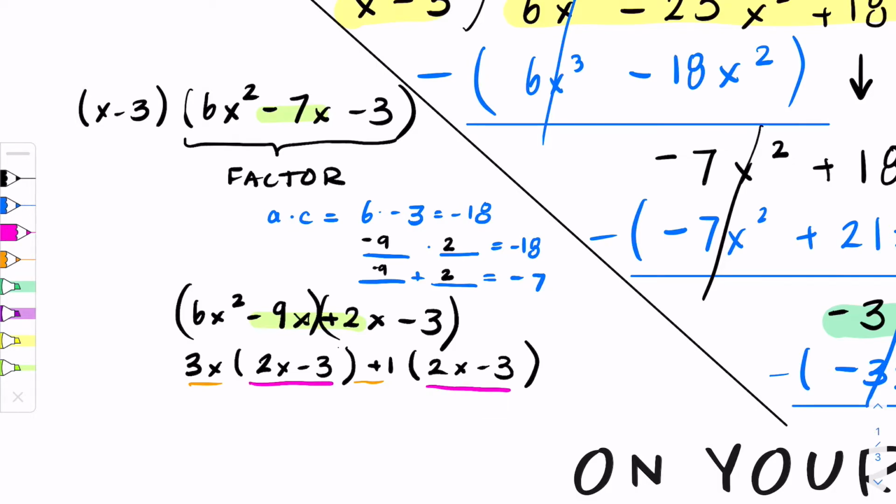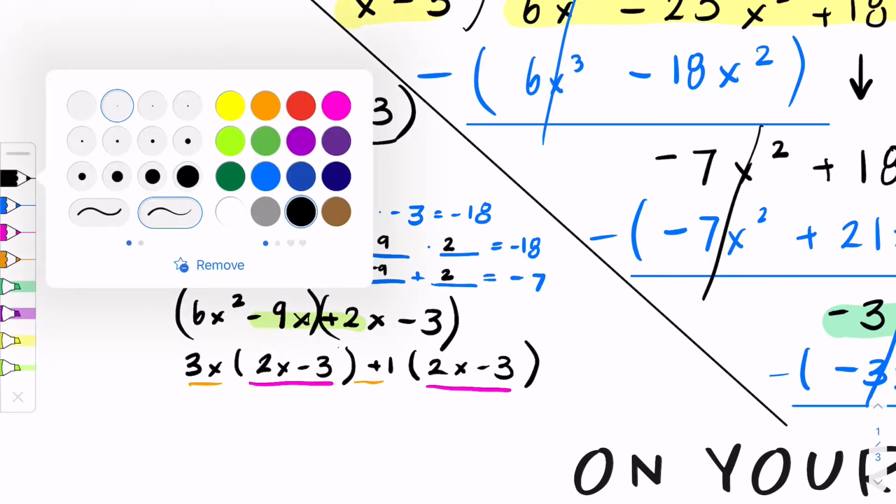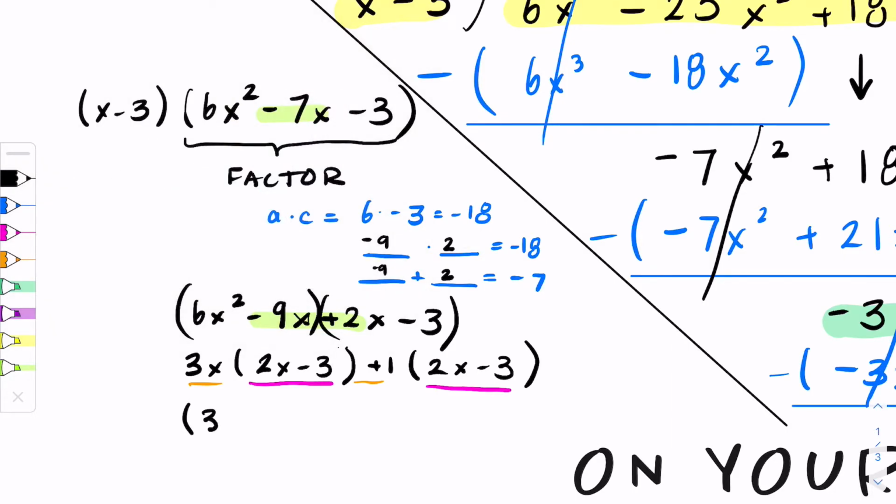This expression has greatest common factors of 3x and positive 1, and then it has a common factor of 2x minus 3. So I'm going to write my greatest common factors of 3x plus 1 as a group, and I'm going to write my common factor of 2x minus 3 as a group.